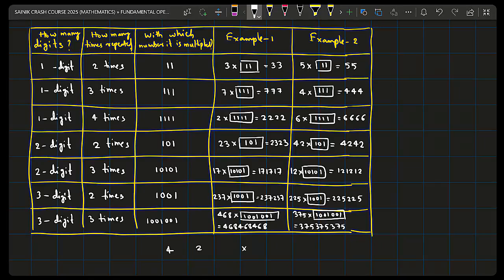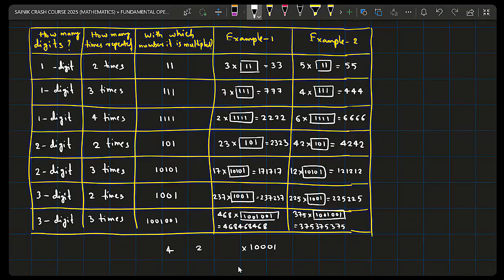Himateja, can you give the answer? Wrong answer. Aryan, can you give the answer? Sir, 10001. Yes, 10001. Correct answer. So we have to multiply by 10001.